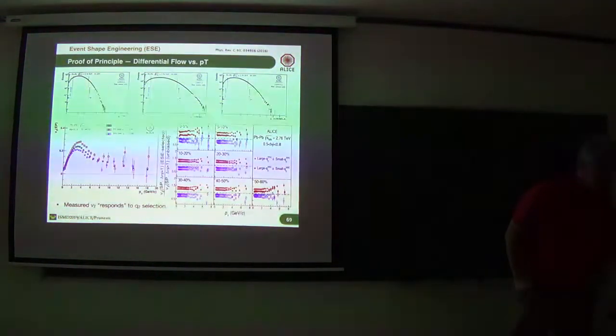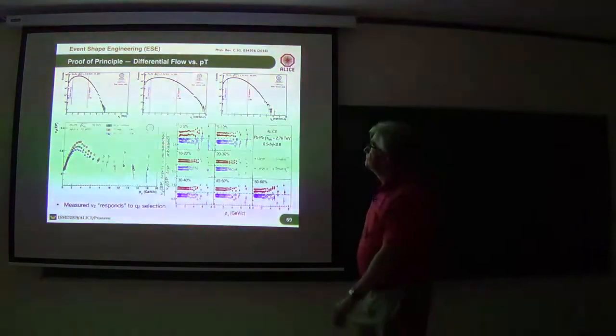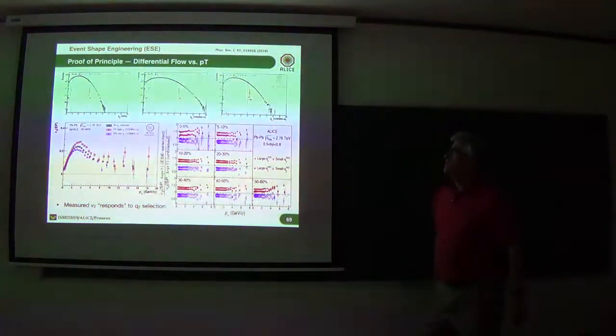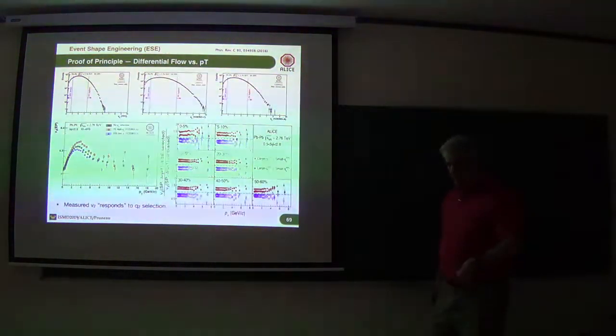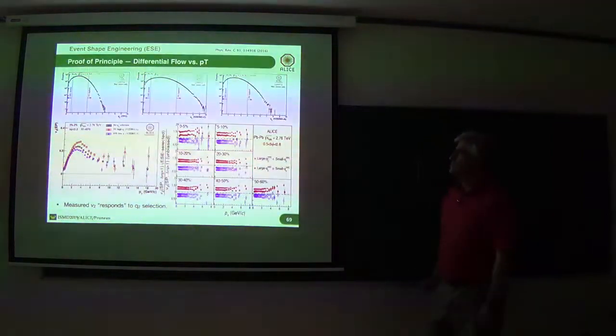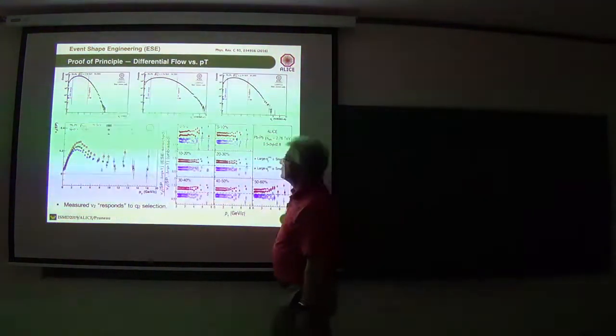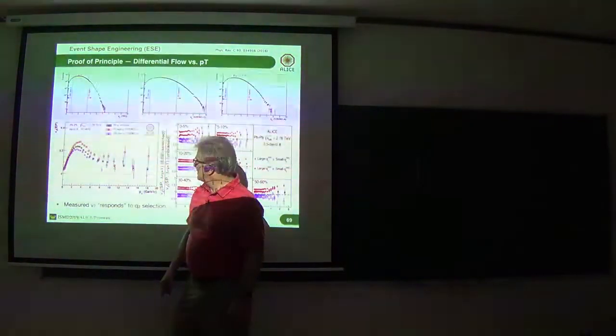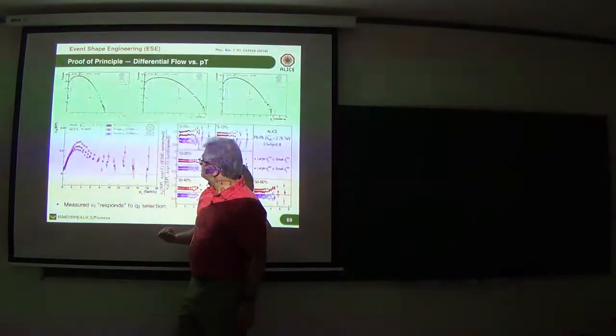We did a lot of studies to see how indeed this event engineering can be measured explicitly, and how it influences the V2 of particles. This is the V2 measured with the event plane method as a function of momentum.